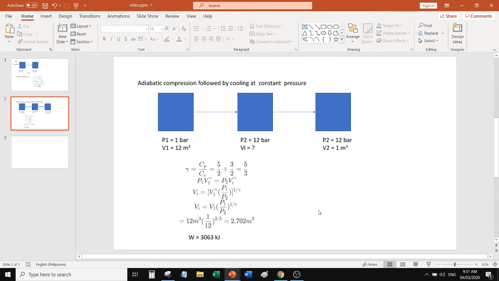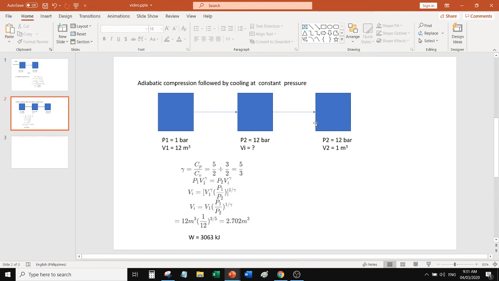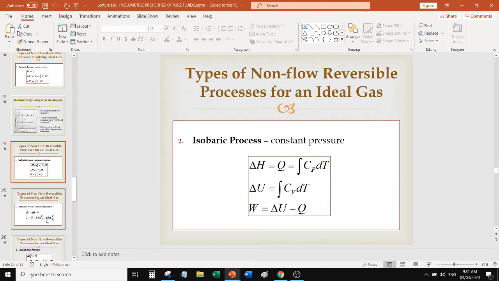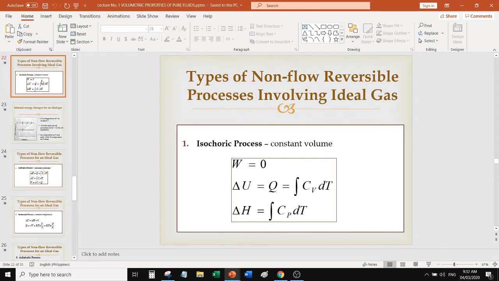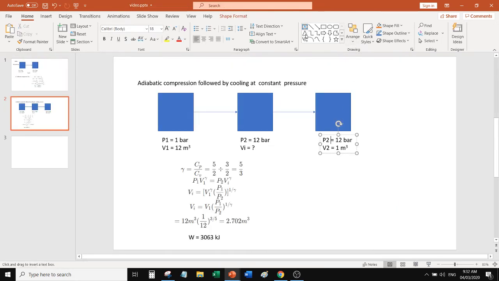Okay, and then next we solve for work during step 2. So during step 2, what is the equation of work? Since this is an isobaric process, constant pressure, we can make use of the general equation for work, which is not included here, but its work is negative PdV.